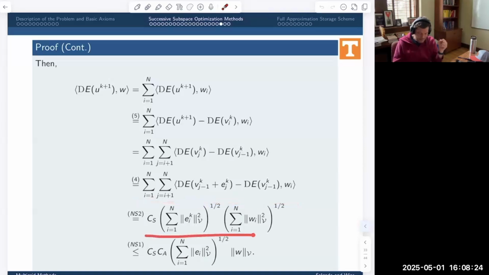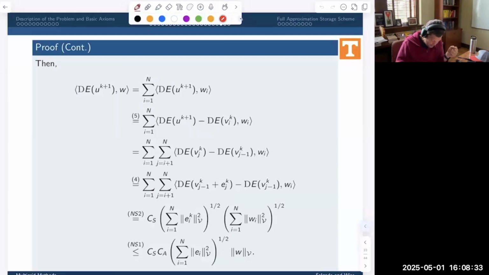So let's see, that actually should be, this is a typo. It should be an inequality at this stage here. So that should be less than or equal, right?